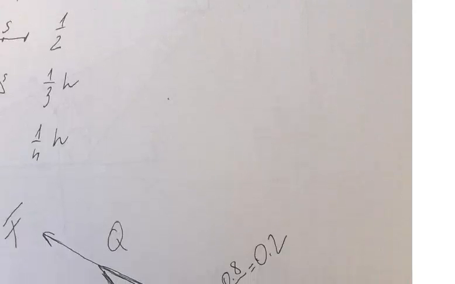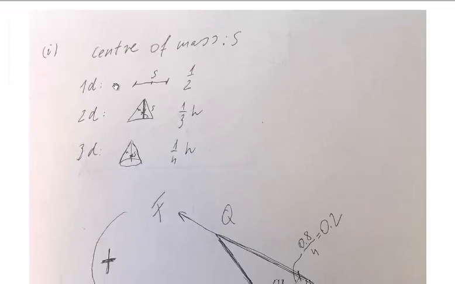First, I am going to talk about the center of mass, S. In one dimension, it's halfway. In two dimensions, the distance of the center of mass and base is 1/3 of the height, it is here.